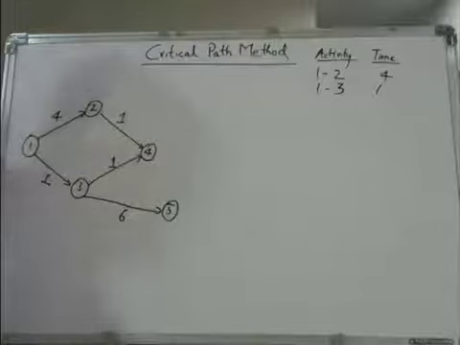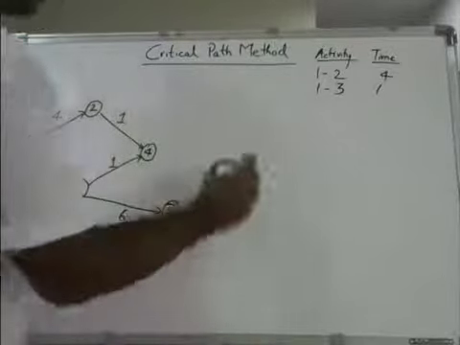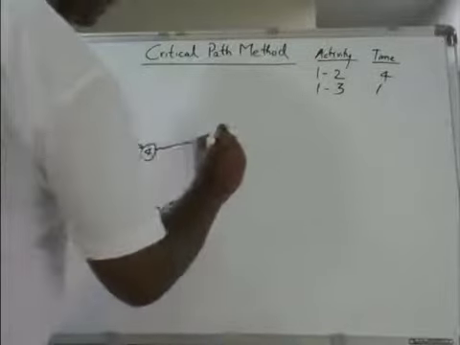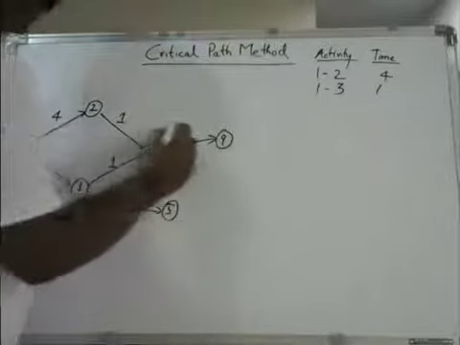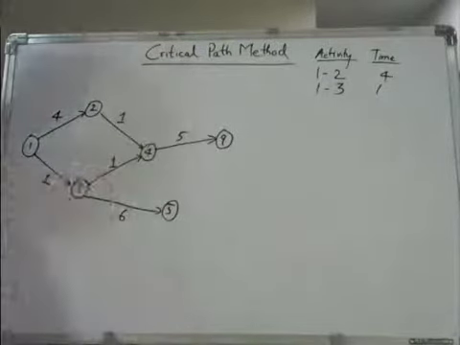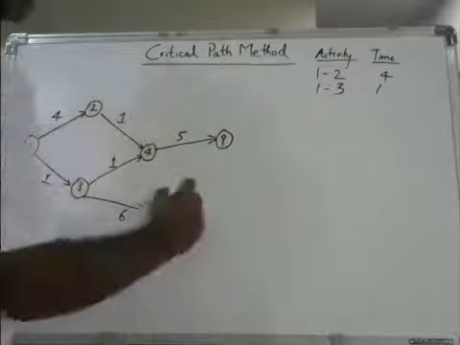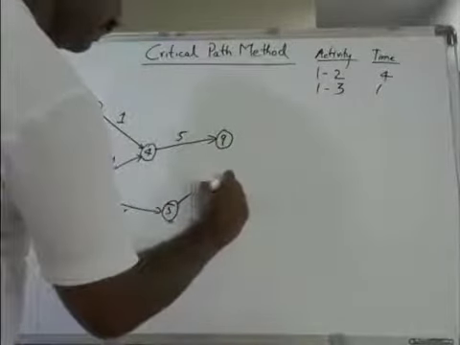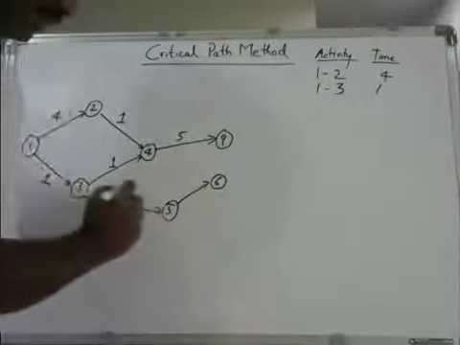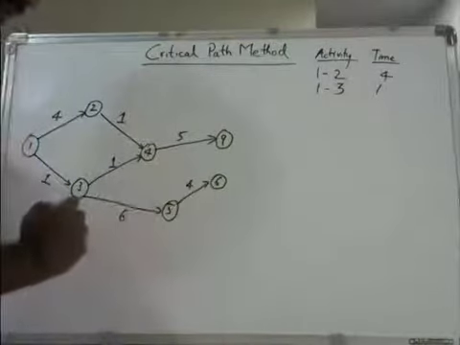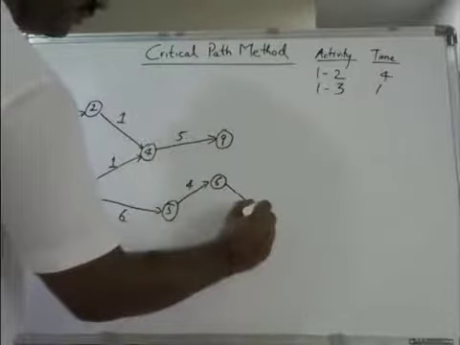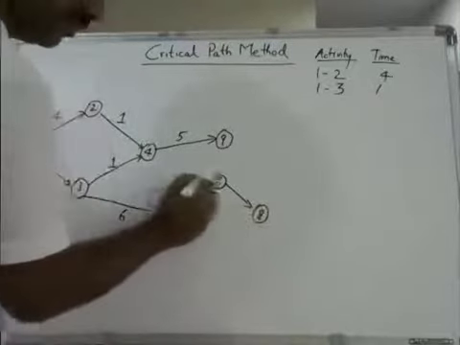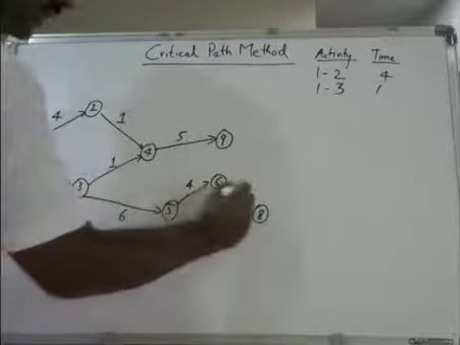Now the next activity is 4 to 9, and it takes 5 days. The next one is 5 to 6, which takes 4 days. Then 6 to 8 takes 1 day.